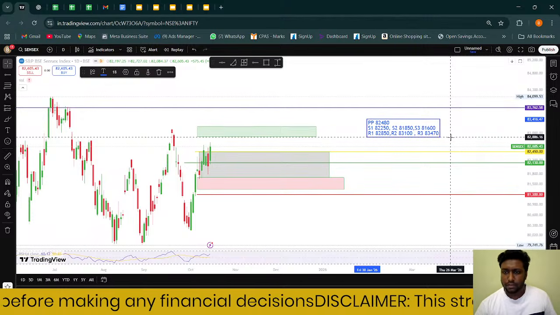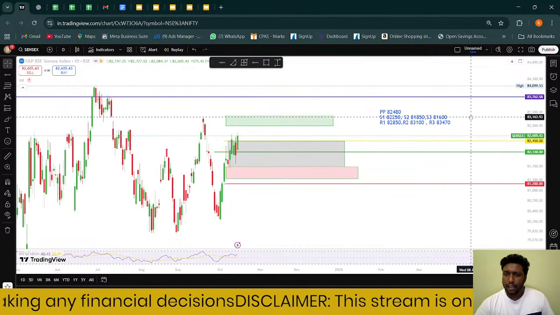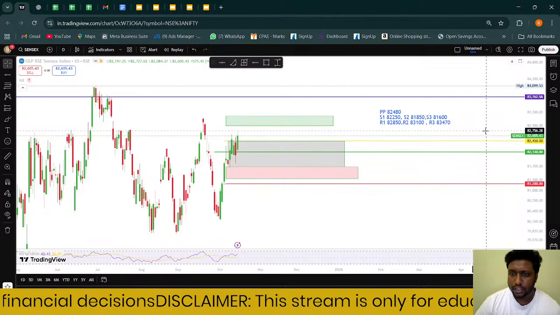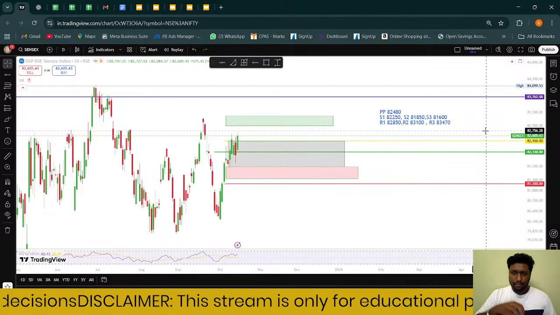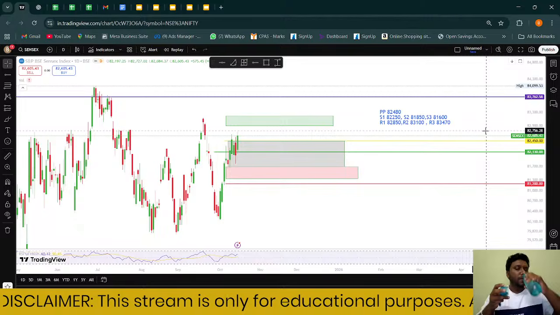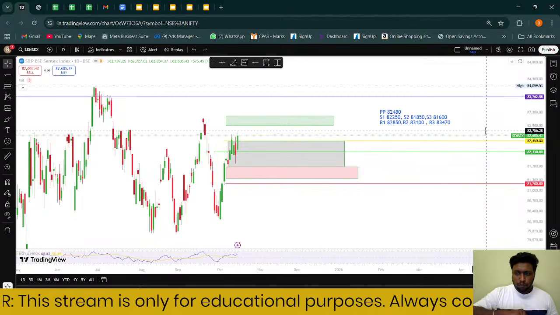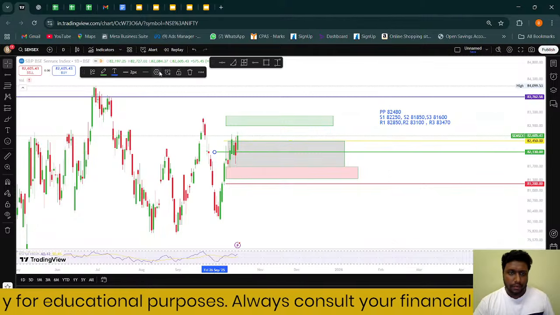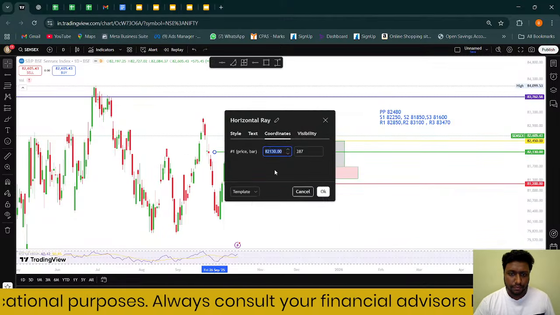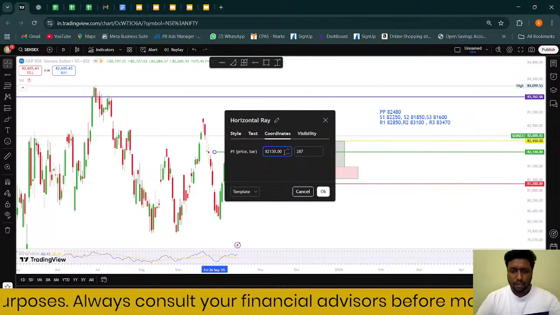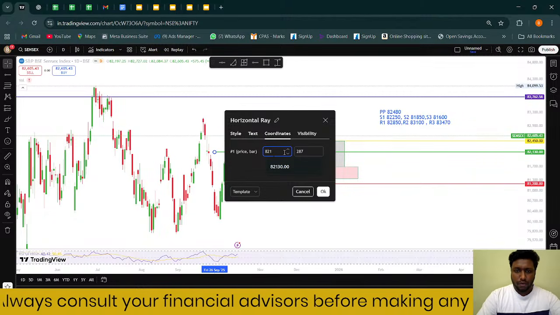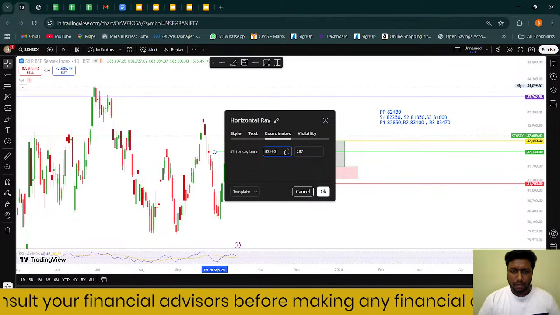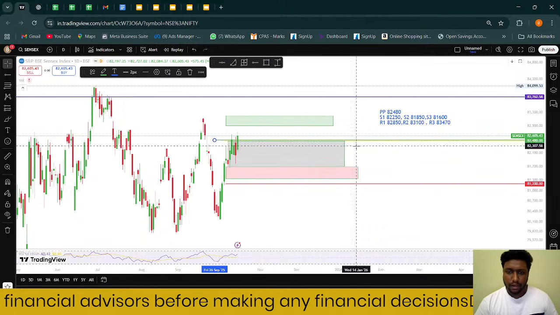So these are the levels for the day, support and resistance with respect to the pivot point for the day. Let's mark the pivot line. The pivot is 82,480. 82,480 will be the pivot for today's market.